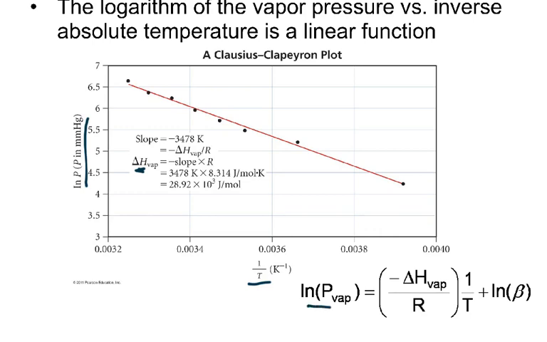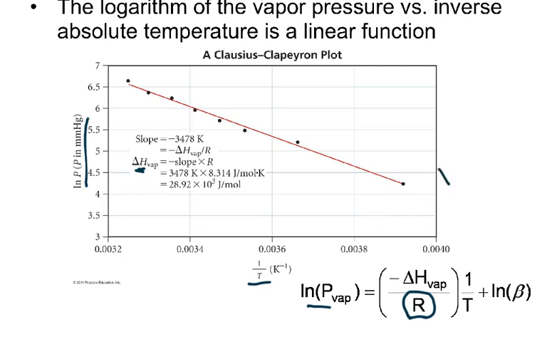So the natural log of the vapor pressure is equal to the opposite of the delta H of vaporization over R. Notice this R is the gas constant, but it's in different units than we've used in the past. We use the units that have joules in them.